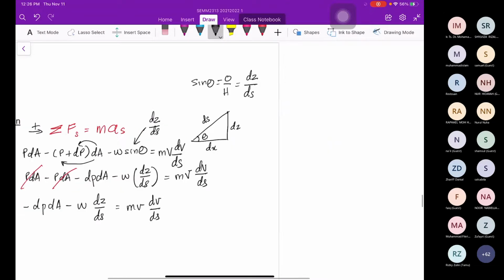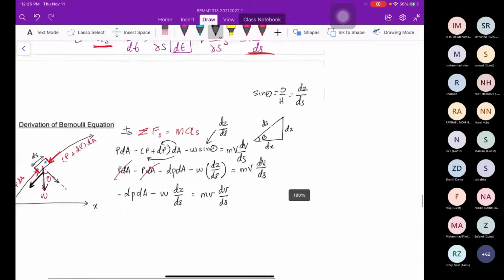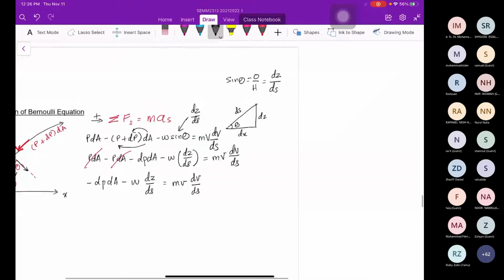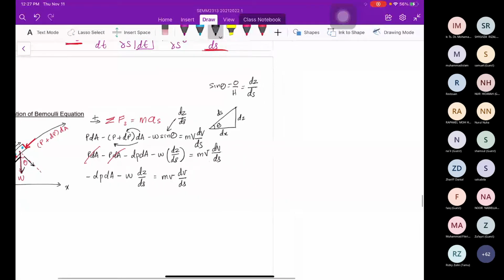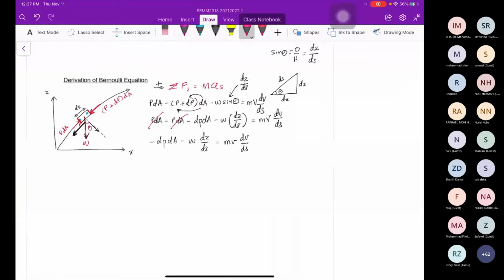So this W and mass, I want to replace in terms of volume. How to get the mass? How to get the weight? Weight equals mass multiplied with gravity.